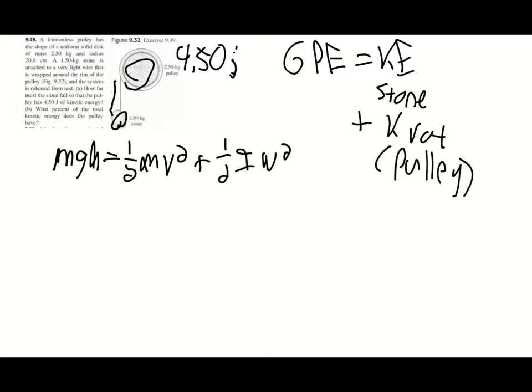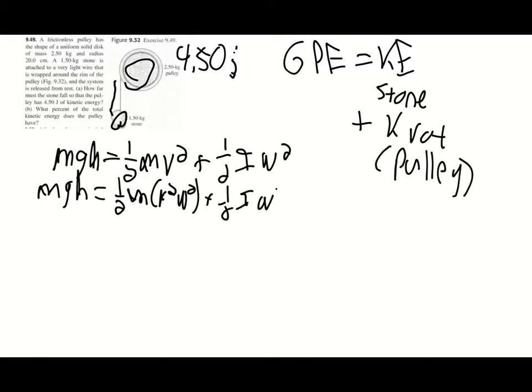But we have a V and an omega, that can't possibly stay. So we're going to replace V with R omega. So we have mgh equals 1/2 m R squared omega squared plus 1/2 I omega squared.